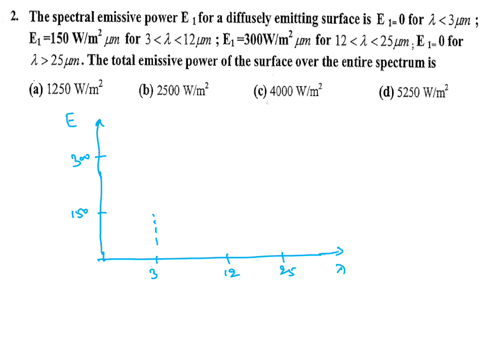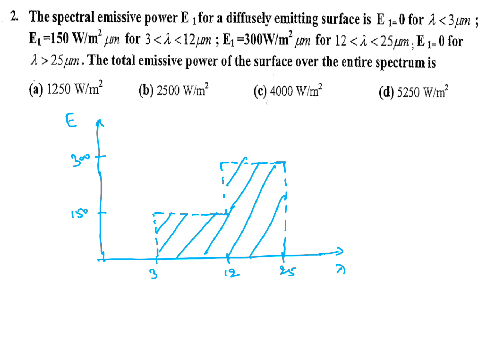So here 150 from 3 to 12. Then from 12 to 25 it's 300. Then again after 25 it's 0. So this area we have to calculate for total emissive power.